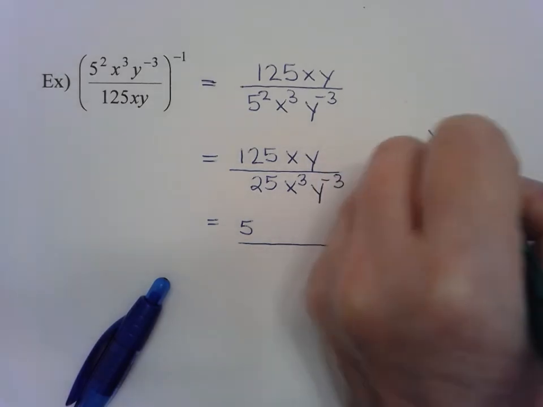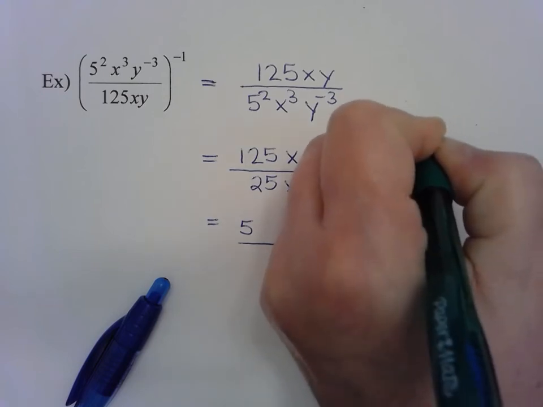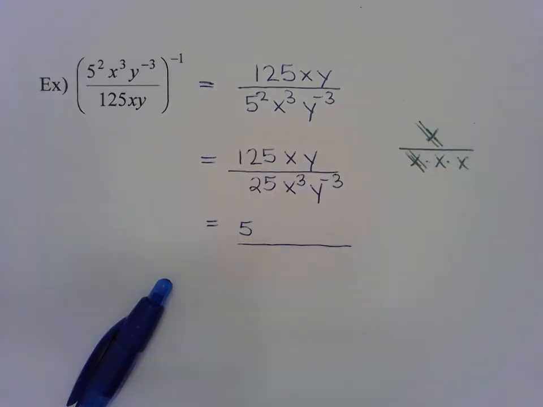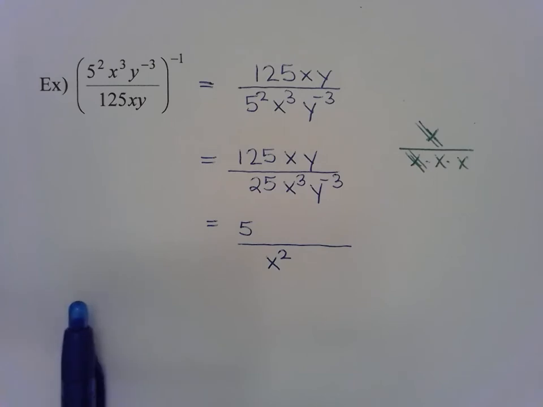We did this earlier. So in my head, I'm thinking like this. So I've canceled 1 x out, which means I have 2 x's left over in the bottom. Okay, that's one option.